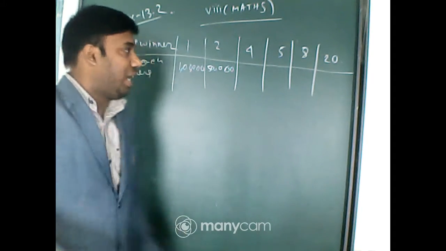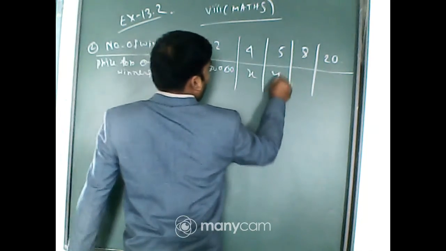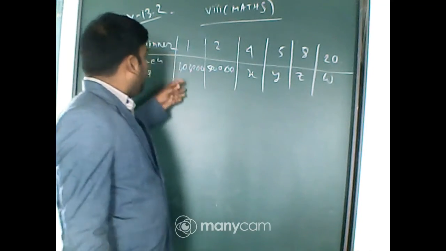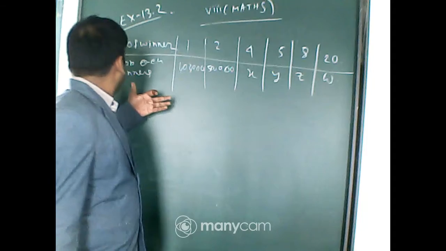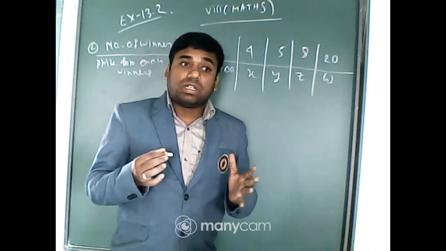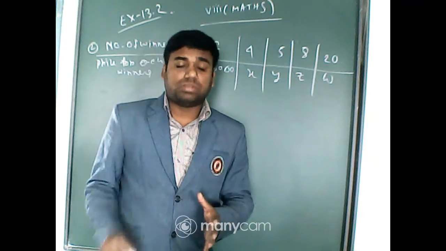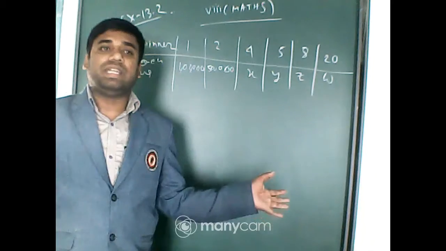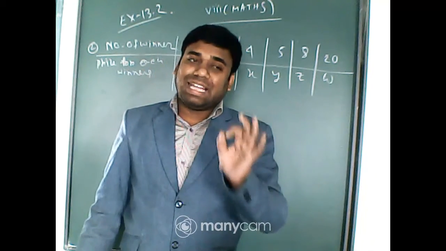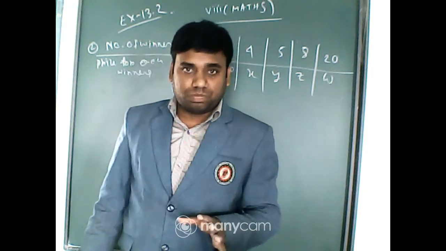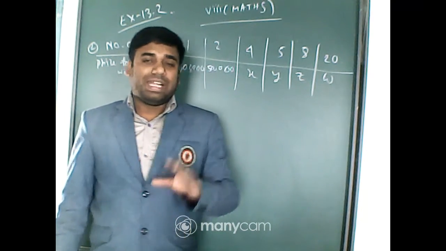Just take these as x, y, z, w. If the number of winners increases, then each one's part will decrease. If there are many members in one team, they will each get less than if there are few players in the group. So it is inverse proportion.